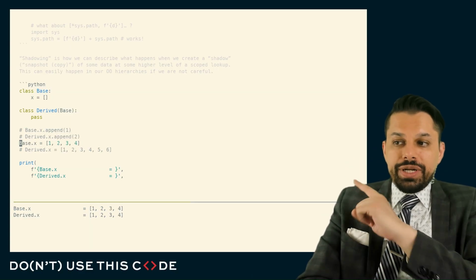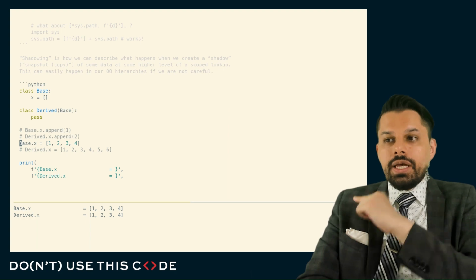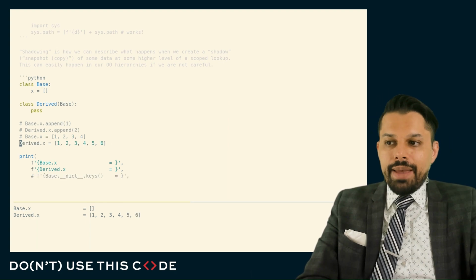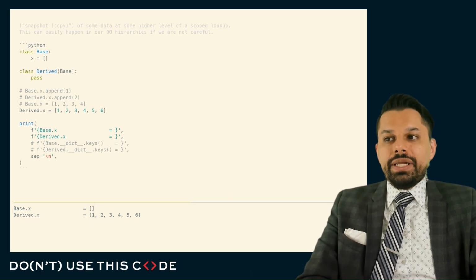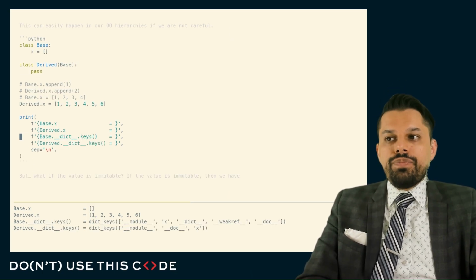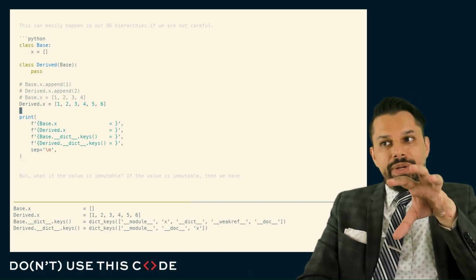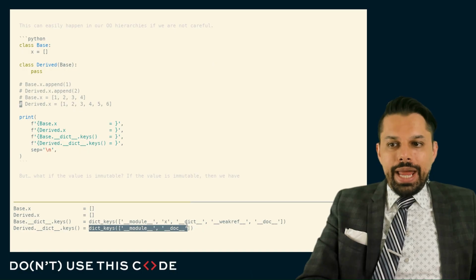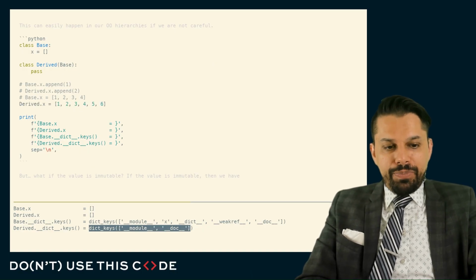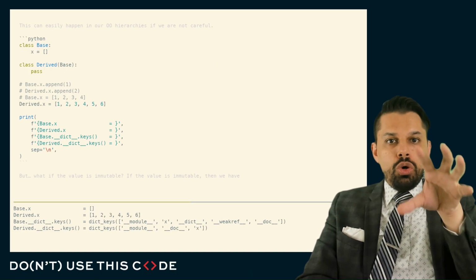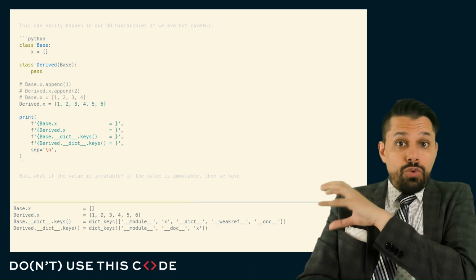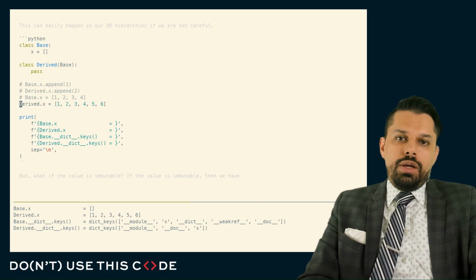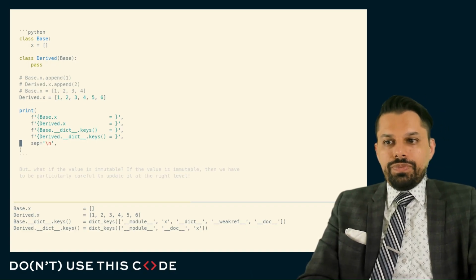However, if we do an assignment of base.x, note it'll be visible on base.x and derived.x. But if we do an assignment on derived.x, what'll happen is it'll only be visible on derived. If we look at what's happening here, with this assignment, what we're doing is we're adding another entry into the dictionary representing the local data, the attributes for the derived class, and that value is shadowing the value of x in the base type.